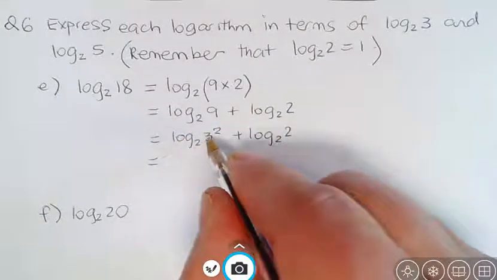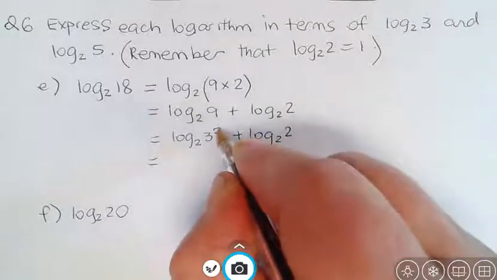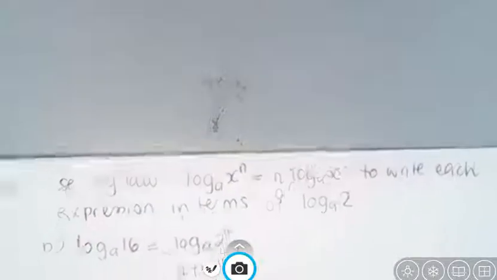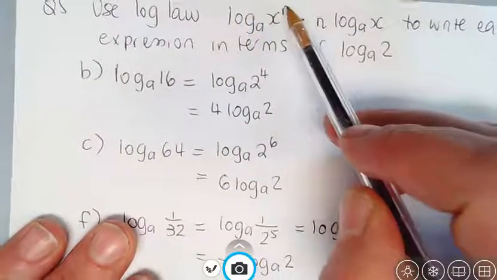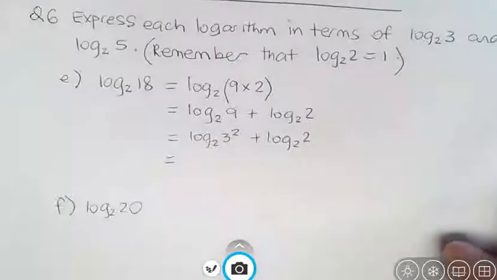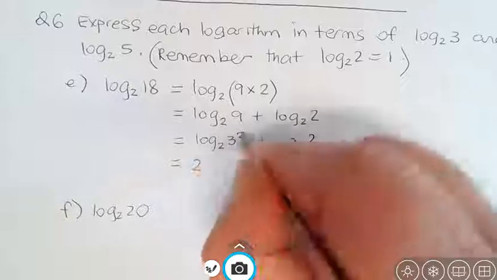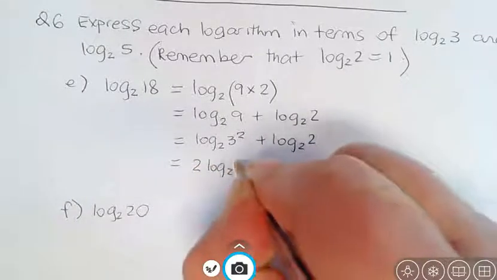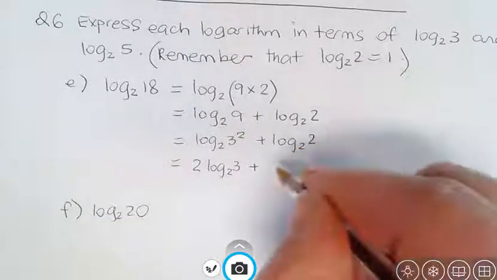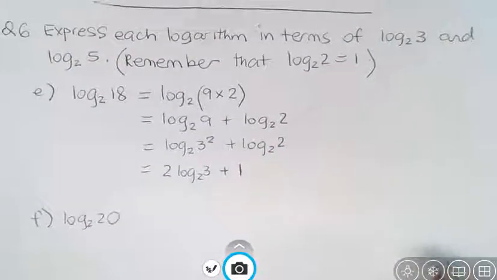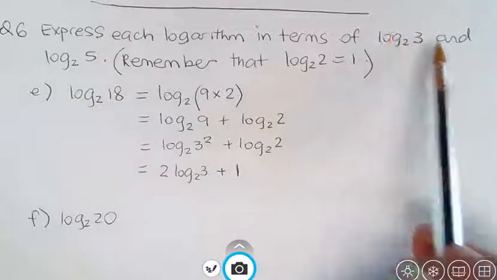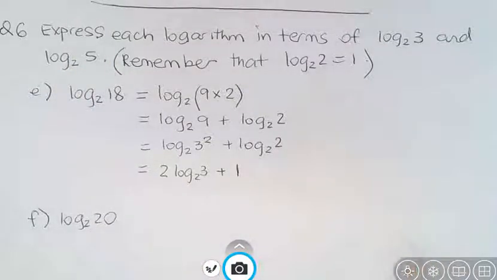Now, using the law that we looked at in question 5, where we've got log to the base a of x to the power of n, we bring the n to the front of the logarithm. So here, this 2 can come down to the front, so 2 times log to the base 2 of 3 plus, now we know that log to the base 2 of 2 is 1, so I'm just going to replace that with a 1. So now we have expressed log to the base 2 of 18 in terms of log to the base 2 of 3 or log to the base 2 of 5.